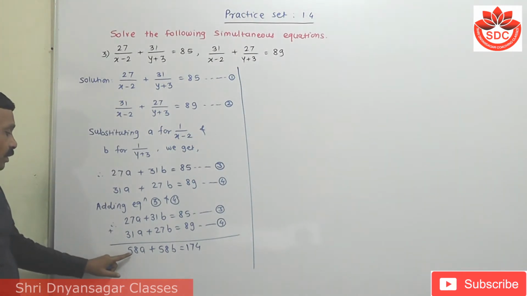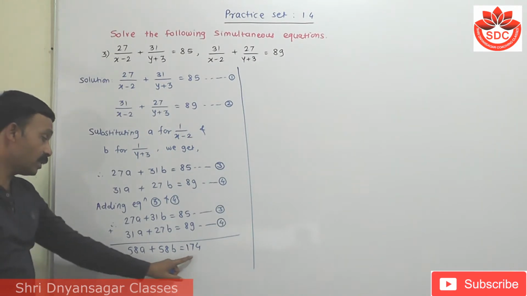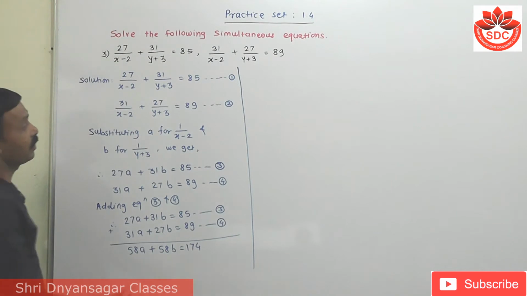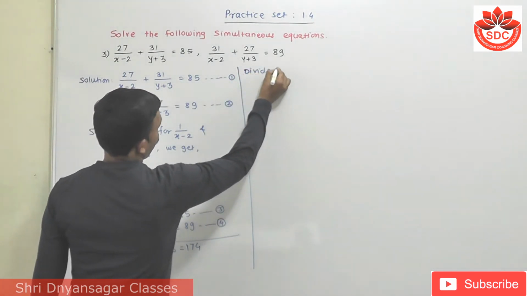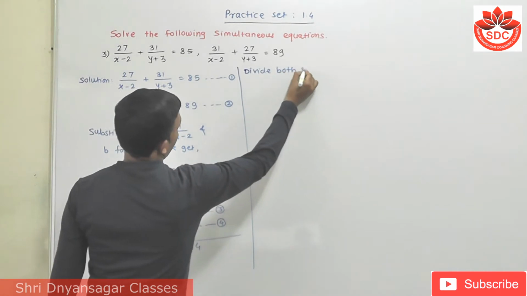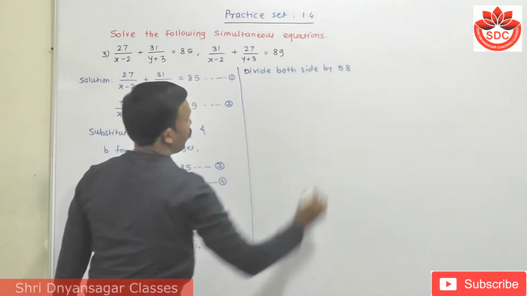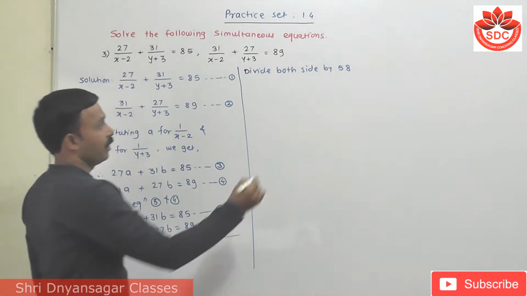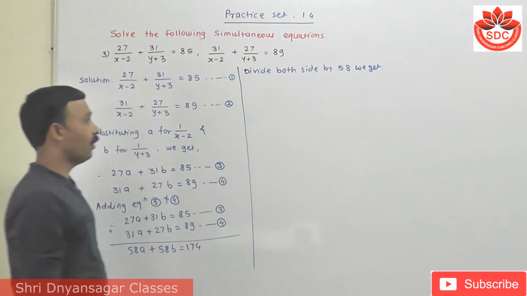The coefficients are 58a and 58b. We can simplify this equation by 58. So I write here, divide both sides by 58. Now what do we get?